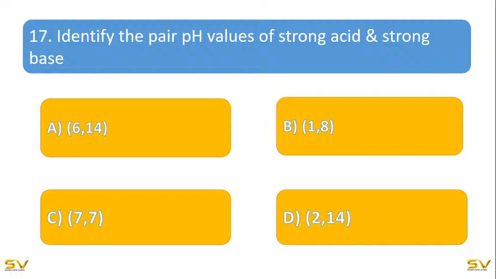Which is the correct pair indicating the strong acid and strong base?